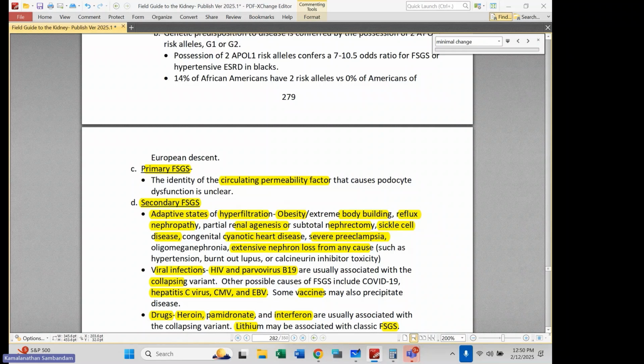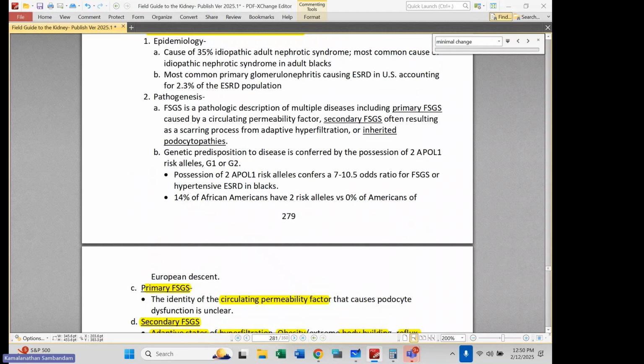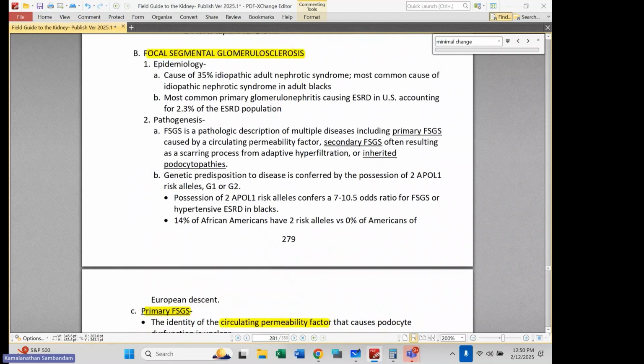Okay, I have something circulating that causes this leak of protein. We don't know what that is. There was some enthusiasm over a molecule called suPAR, but that has since been much less of a candidate inciting cause.